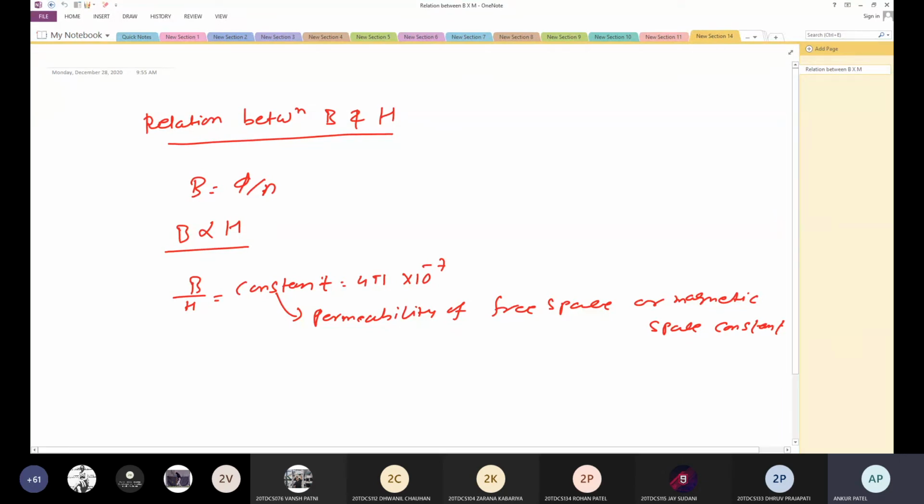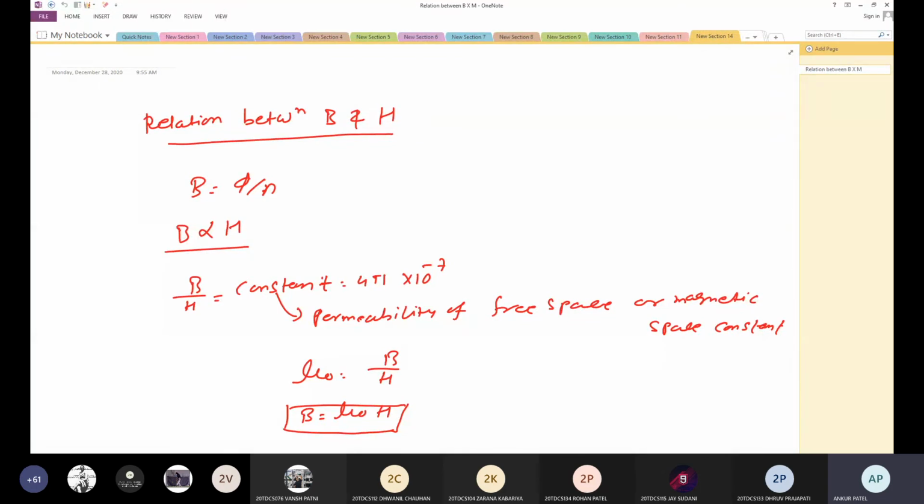So mu 0 is equal to B by H, and we can write B is equal to mu 0 into H. This is the relation between magnetic flux density and magnetic intensity, where mu 0 is the permeability of free space, that is 4 pi into 10 raised to minus 7.